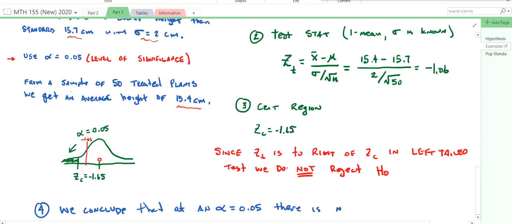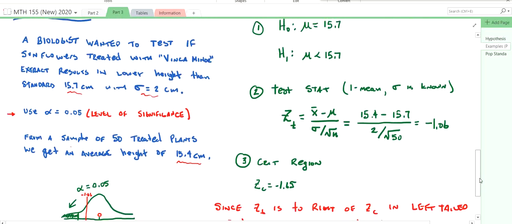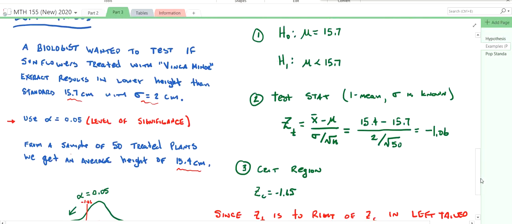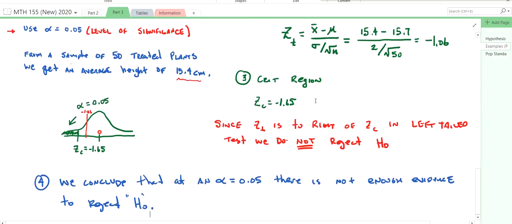There is not enough evidence to reject the null hypothesis, and so there's not enough evidence to indicate that the treatment with vinca minor, the extract, results in lower plant height. And that's pretty much all we can say about that.